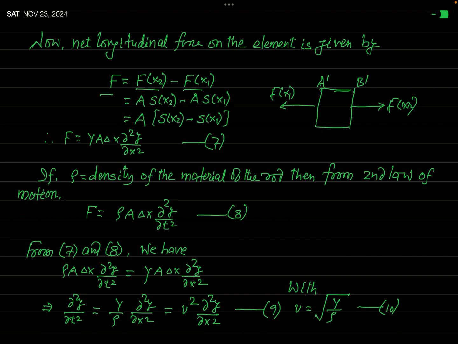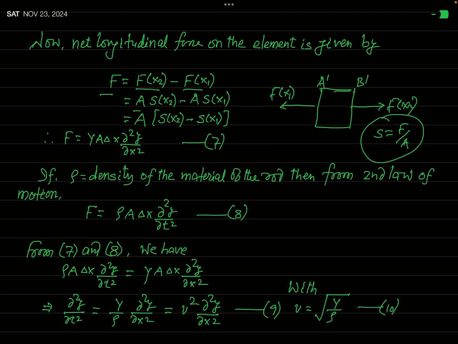But you know this force is simply equal to stress times cross-sectional area, because stress is defined as the thrust F divided by the cross-sectional area. So F is A times S. And we assumed in the beginning that our rod has cross-sectional area A and its cross-section is uniform.